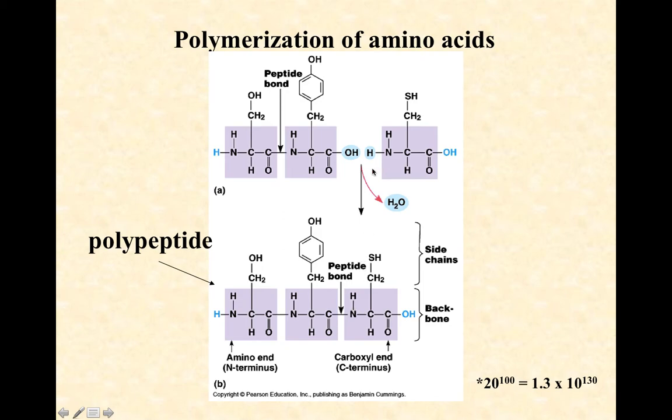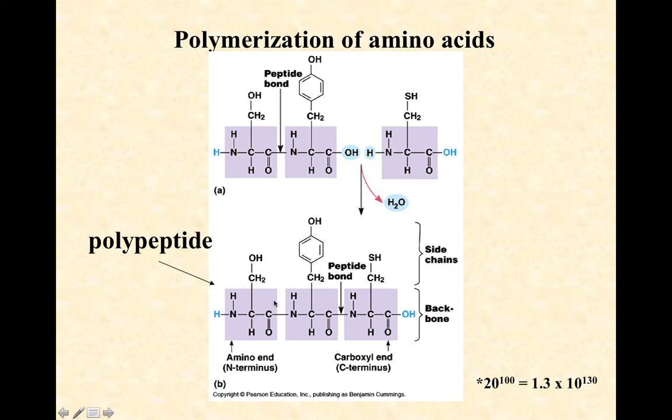Now you notice it's a dehydration synthesis reaction like we see here. The OH of the tail end, and we call this the carboxyl end of our growing polypeptide, is removed, as is one of the hydrogens of our amino group, and it creates water, leaving behind our peptide bond that you can see down here.